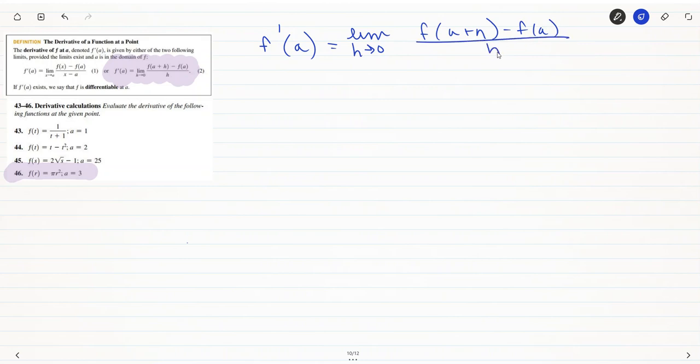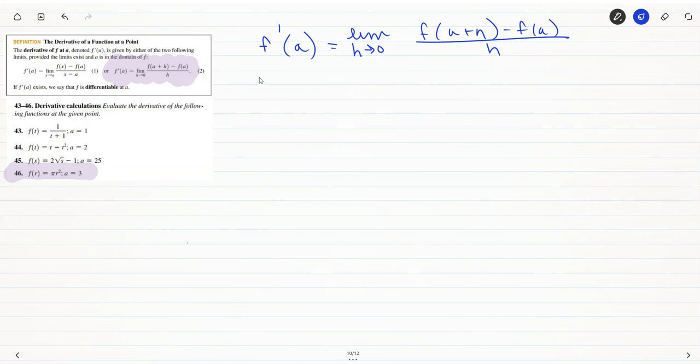I'm recommending that you write this definition each time you're going to use it. If you do that, you'll get more and more accustomed to it, and it'll become more and more obvious what we're actually doing with finding the slope between these two points.